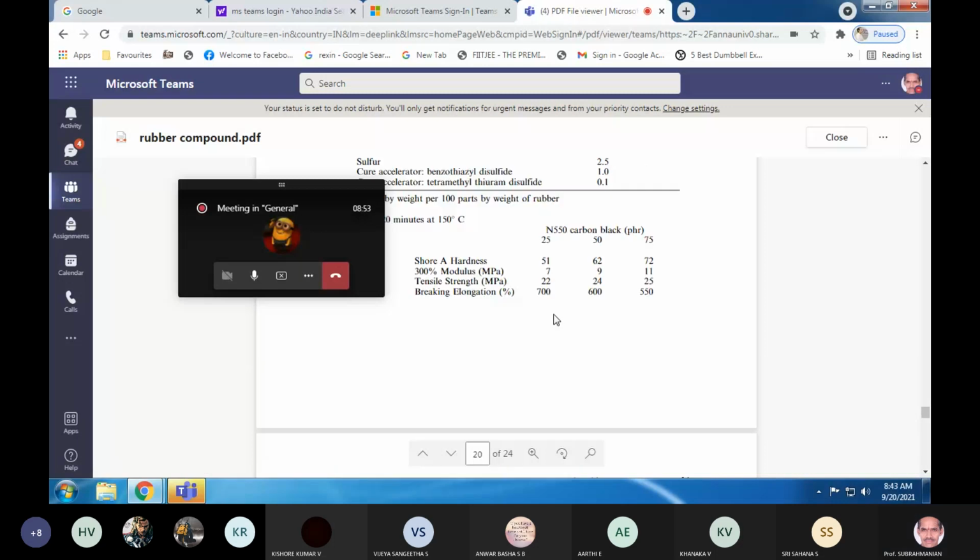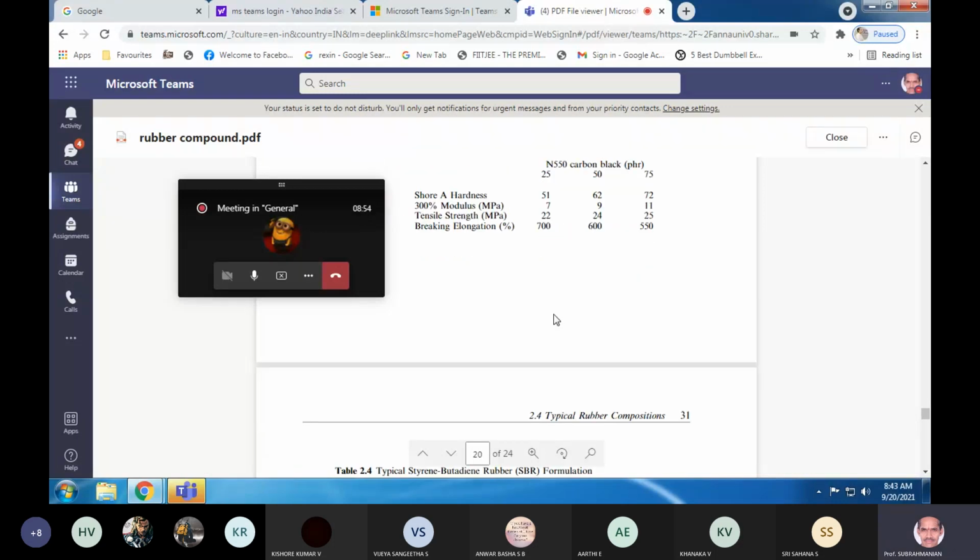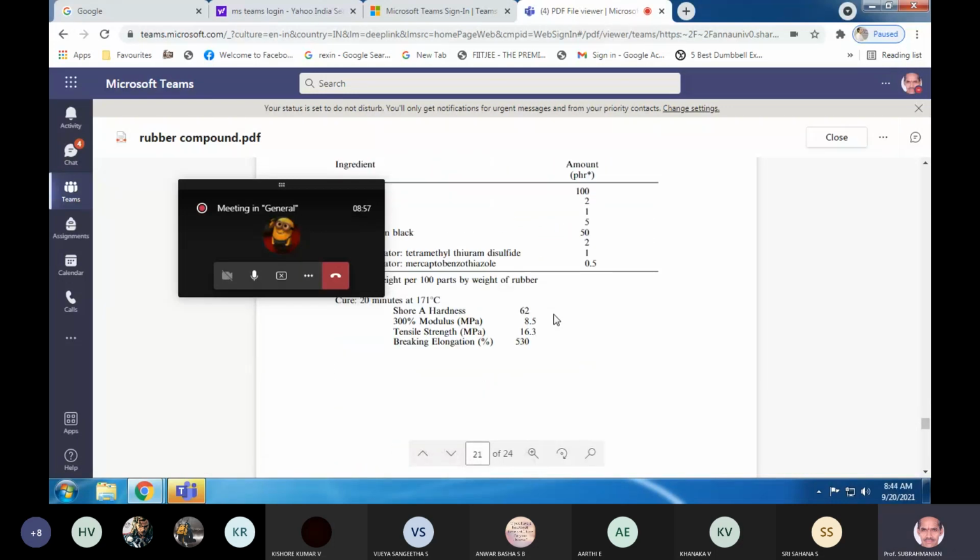All right. Whereas a butyl rubber, it can support a higher temperature. Right? What does it mean? For products that demand high temperature application, butyl rubber has a specific role.